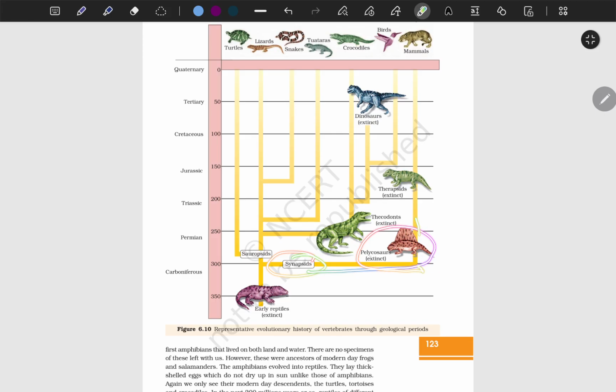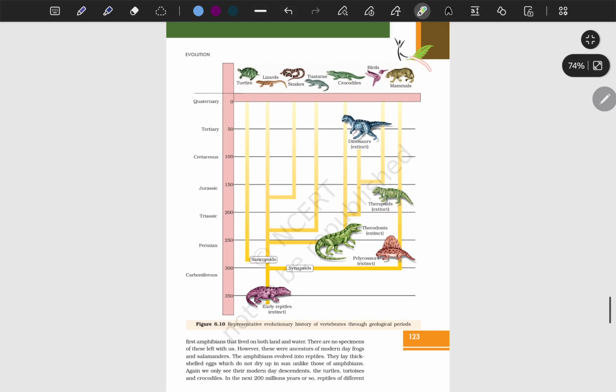Then they give rise to therapsids, which are extinct, in the Triassic to Jurassic period, and these further give rise to the mammals. The present-day mammals arose from therapsids or pelycosaurs, and then the synapsids, and from the early reptiles.